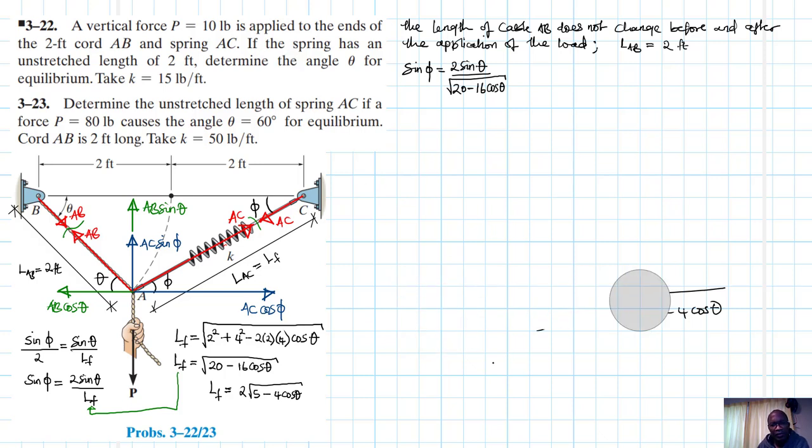Therefore, if we replace this here, the 2 cancels out, so we'll have 2 sine theta divided by 2 root of 5 minus 4 cos theta, which is just equal to sine theta divided by root of 5 minus 4 cos theta. Great. So there we go, we found sine phi.